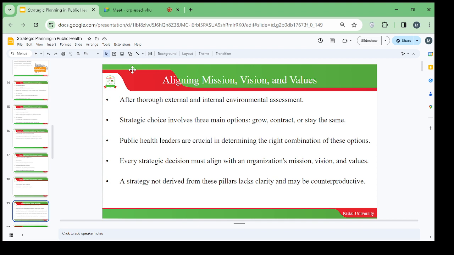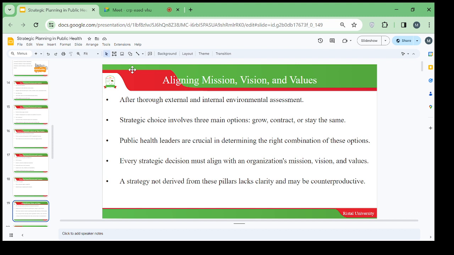Earlier on, we stated that when you're starting an organization, make sure that you have the mission and the vision well stated, and the values, and we explained that. But if it is an organization which has been in existence, and in your process of making what we are calling the strategic plan, you need to make sure that the strategic plan is well aligned with the mission, vision, and the values of the organization.